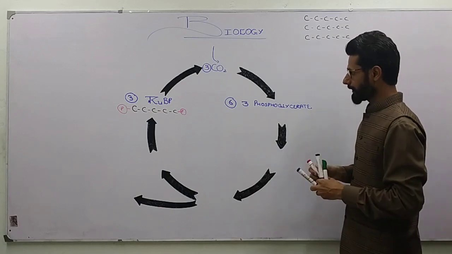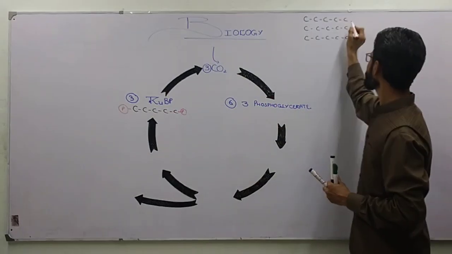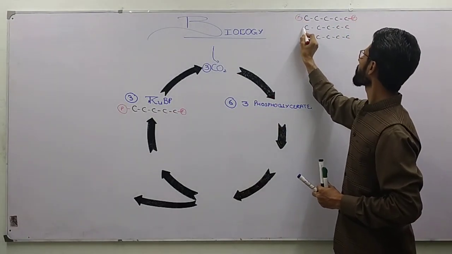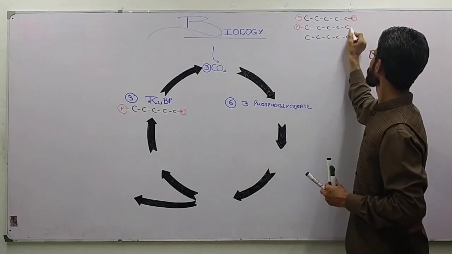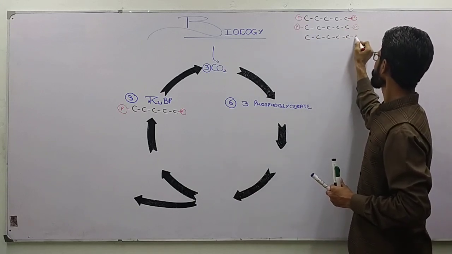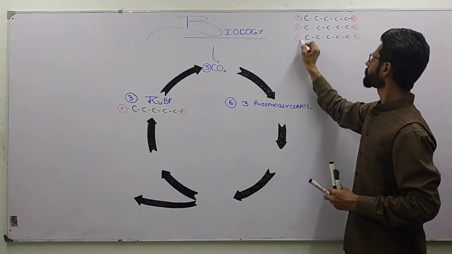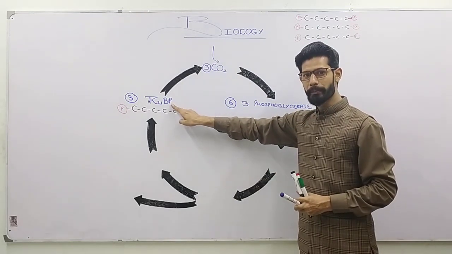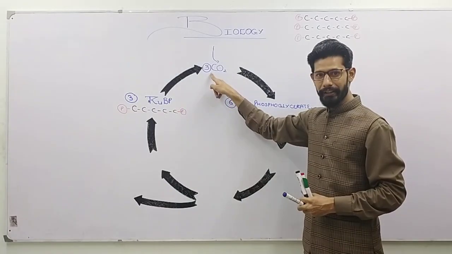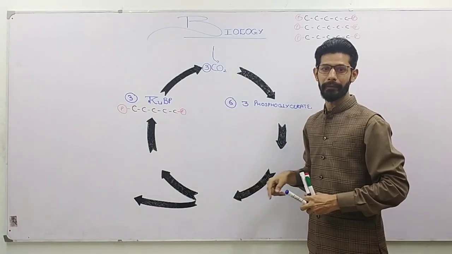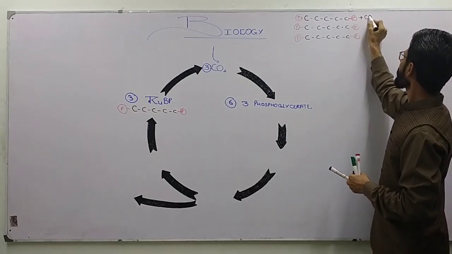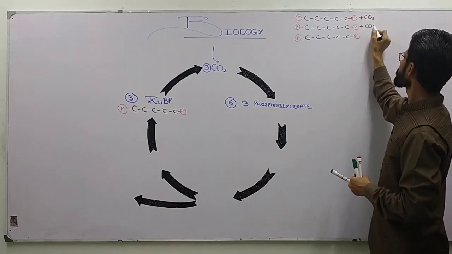This, and the phosphorus at its terminal carbon, so add phosphorus. So 3 molecules of ribulose bisphosphate are adding 3 molecules of carbon dioxide. So right here, carbon dioxide molecules.